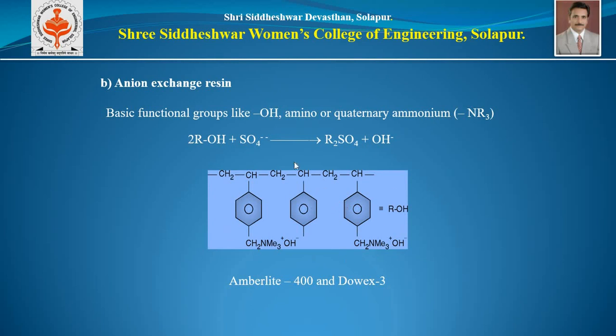So this is an example structure in which this is the basic functional group. Commercially these are available as Amberlite 400 and Dowex 3. In short, if OH is the basic functional group present in the anion exchange resin, ROH is the formula of this anion exchange resin.